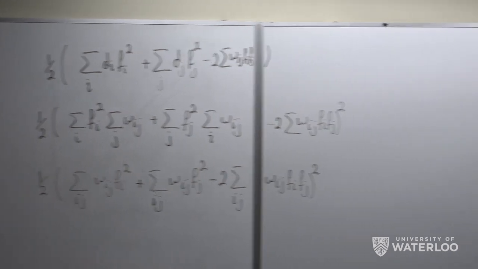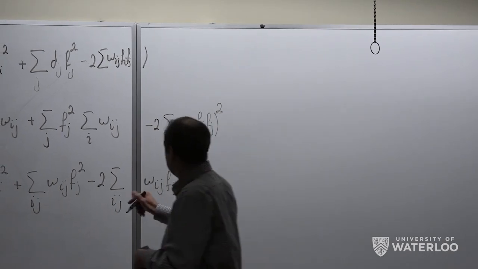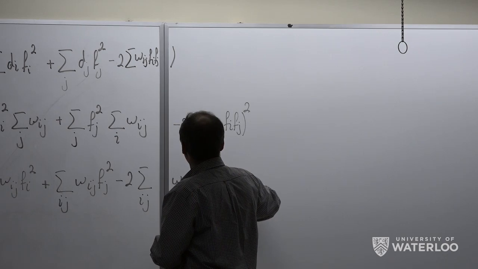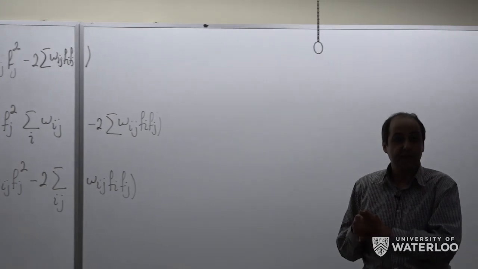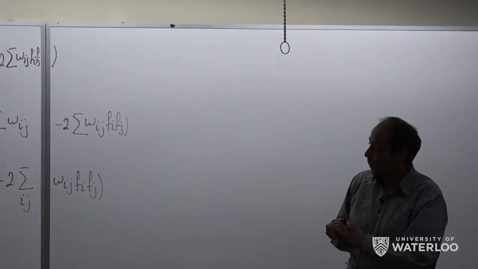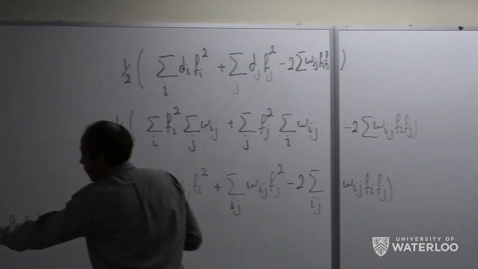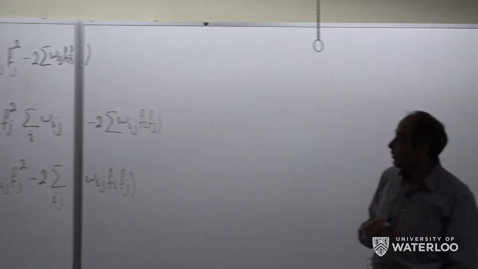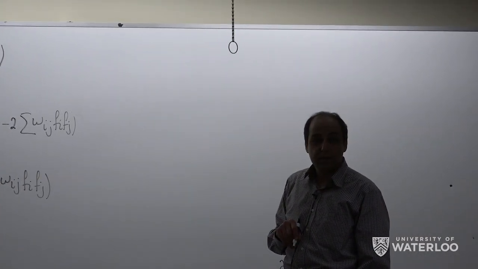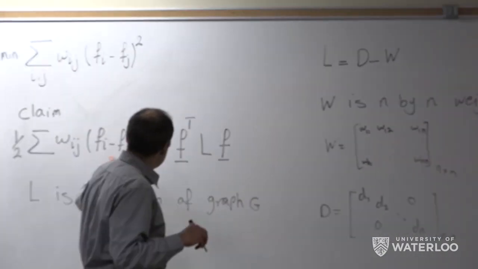Yes? Is that where it's supposed to be, on the outside of the bracket? Yes. No, let me see. It doesn't have a square, actually. We don't have any square here. We just expand this. That was the claim. So we want to prove that this is equivalent to this.